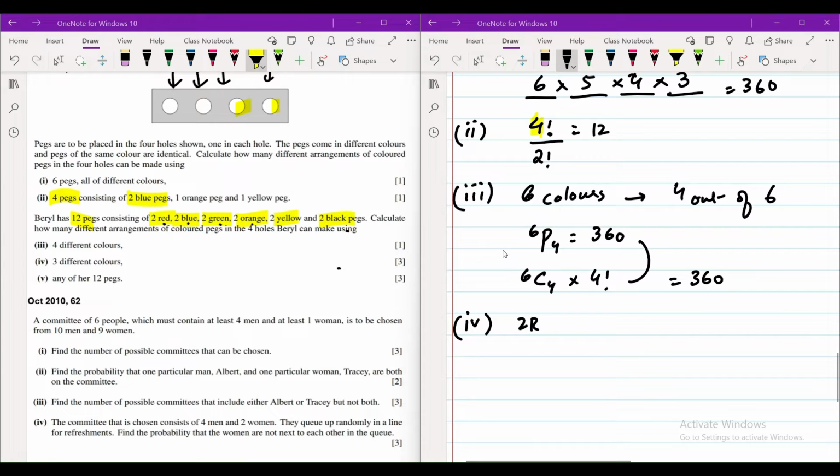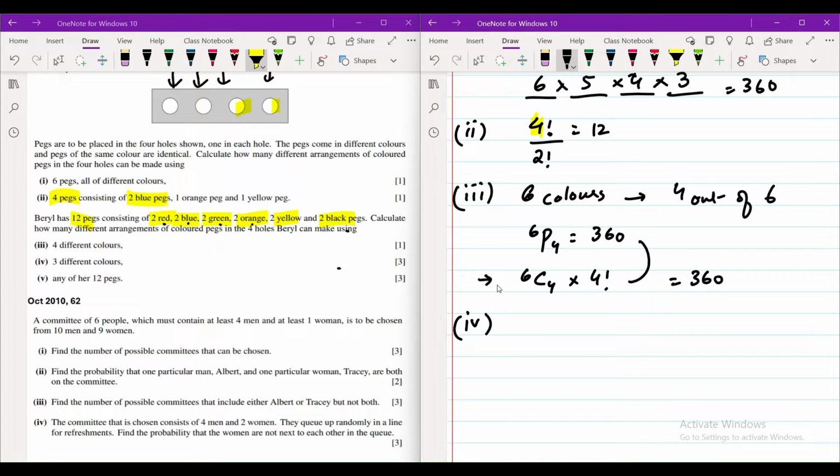Now, if there are 2 red, the rest of them could be anything. The other 2 could be from any other color, but not 2 of the same color at the same time, so we can only select one of them. Since we're still arranging them, we still have 4 factorial for all of them.